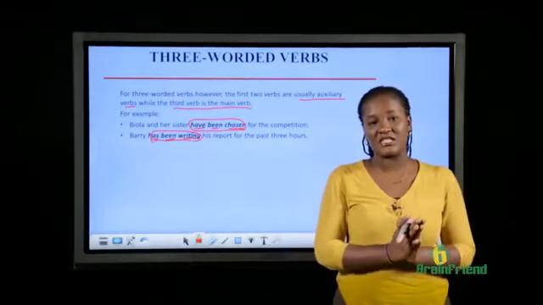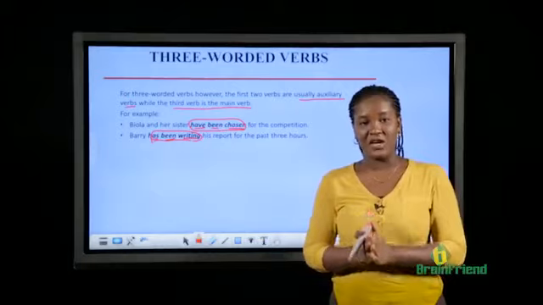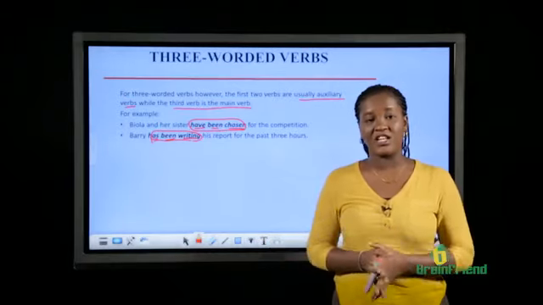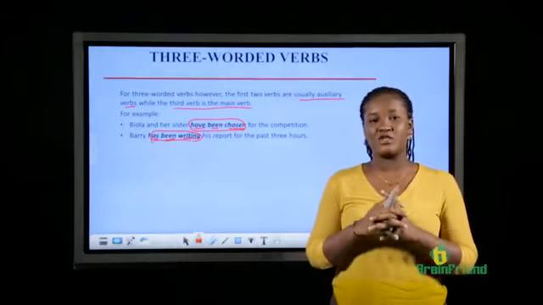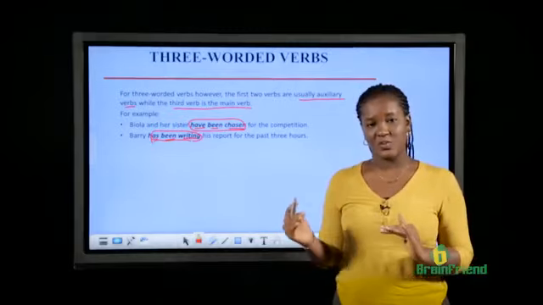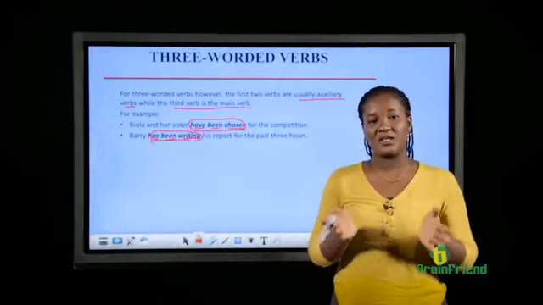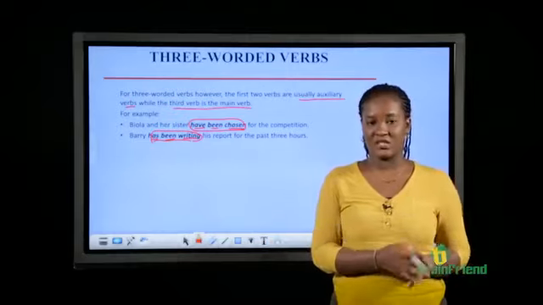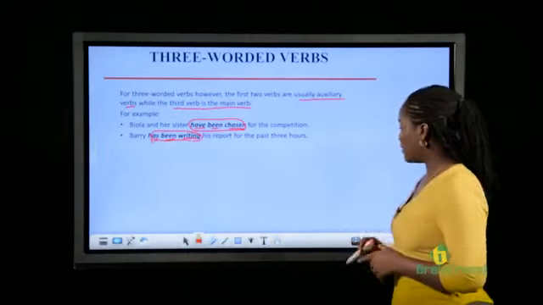That is, the first one is a main verb, the second one is a main verb, the third one is a main verb. In English grammar, it is wrong and it is not possible to see such an expression. When you have three worded verbs, they are mostly a mix-up of auxiliary and main verbs.